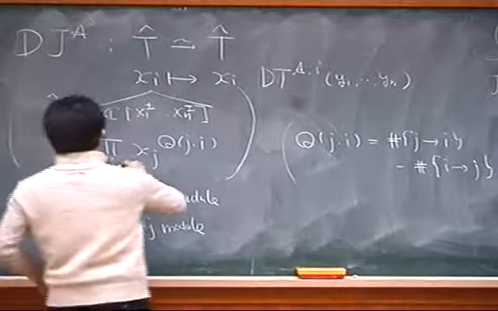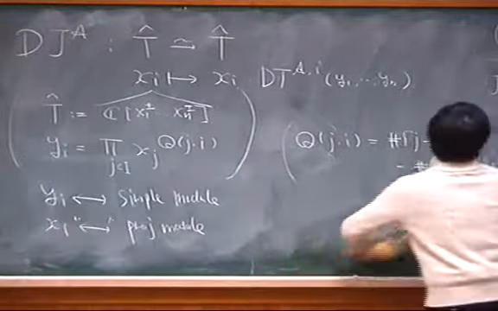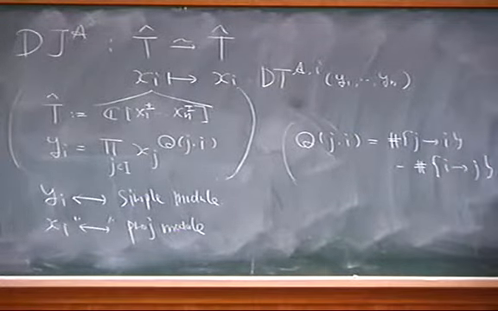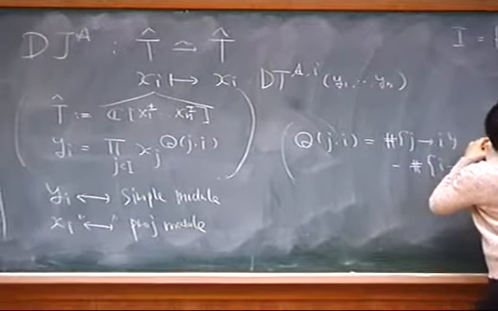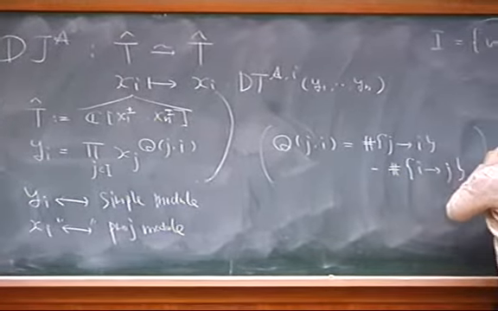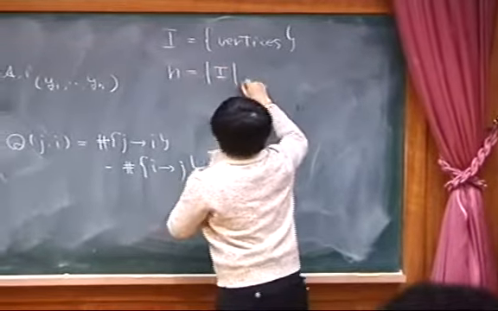Yeah, sorry, this is in I, where I is a set of vertices. I is a set of vertices. And n is the size of I.